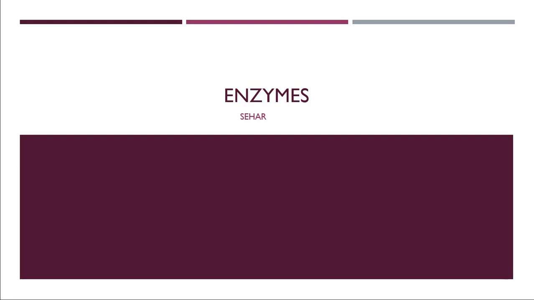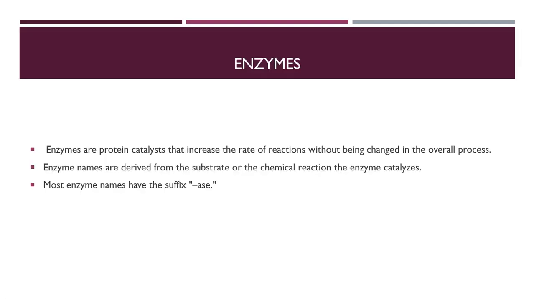Okay, now let's start. Enzymes are protein catalysts that increase the rate of reactions without being changed in the overall process. So they're not going to get involved in the process, they're just a helper. They're just helping to increase the rate. Now, enzyme names are derived from the substrate or the chemical reaction the enzyme catalyzes.